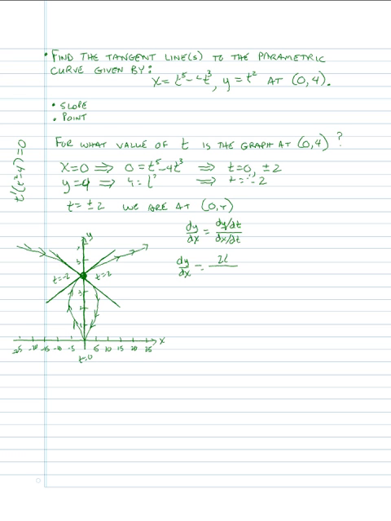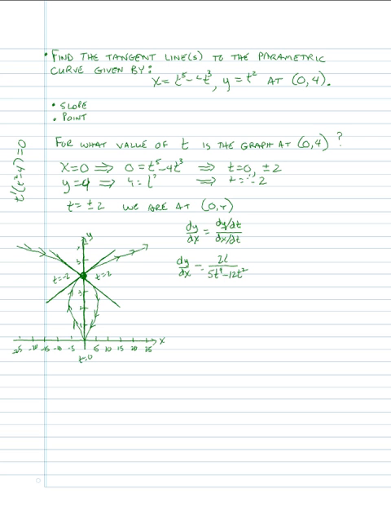And since x is t to the 5th minus 4t cubed, the derivative of x with respect to t is 5t to the 4th minus 12t squared. So that's the derivative of y with respect to x.